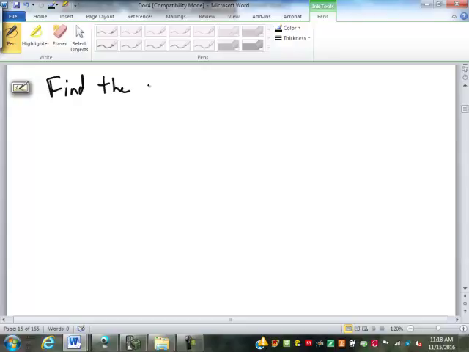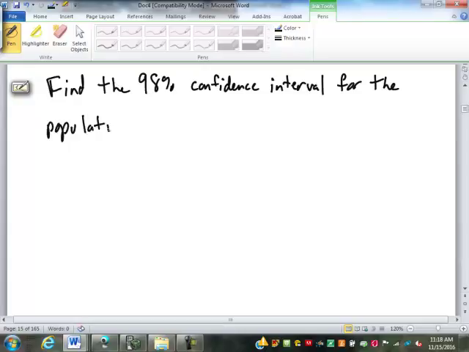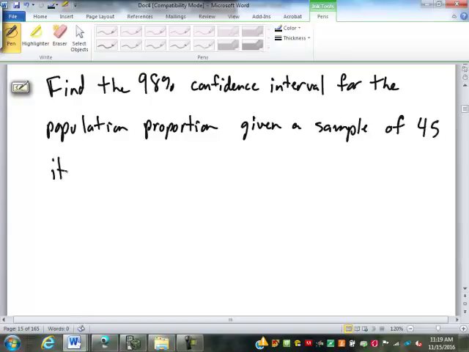find the, we'll go 98% confidence interval for the population proportion given a sample of 45 items includes 30 with whatever that desired characteristic is. 30 successes, we'll call it for now.